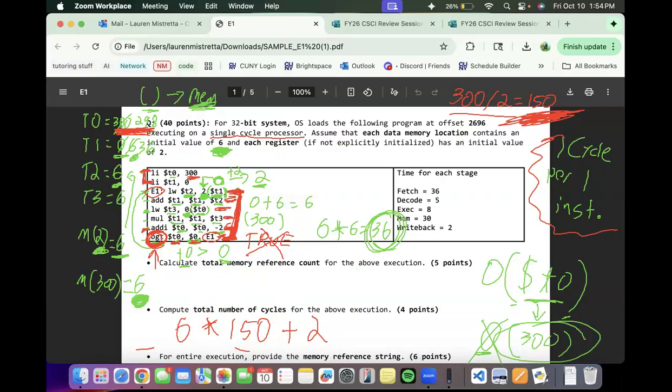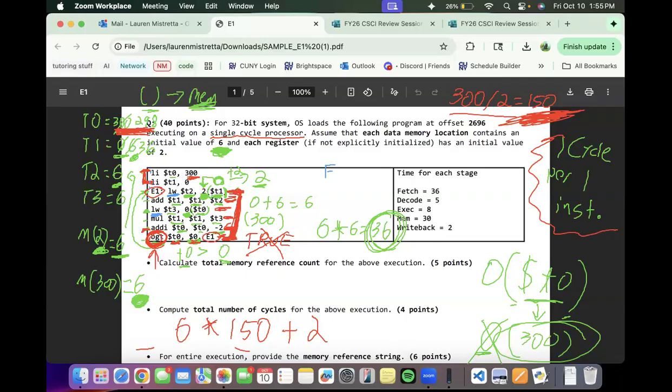The reason I say this is because each of these instructions is going to have a fetch. All of these need a fetch, but only some instructions, the load words here, are going to have a memory access. Remember, only load words or store words really go into memory.